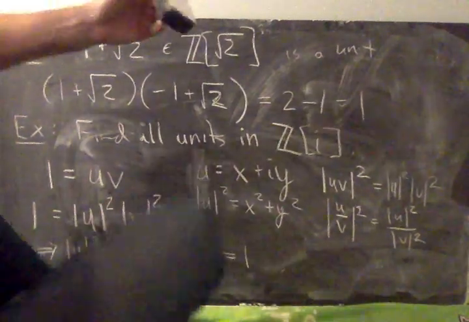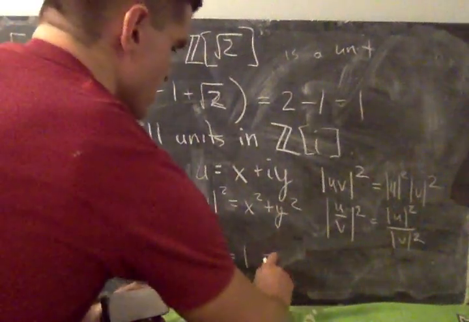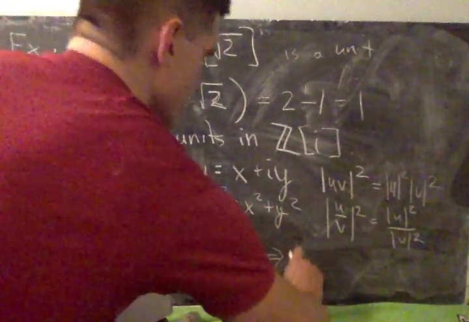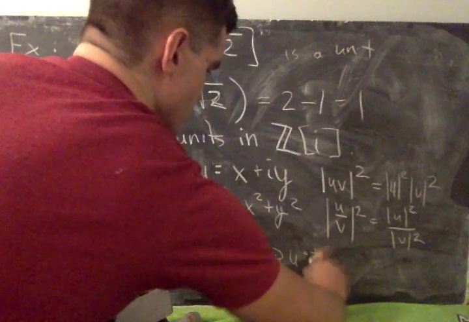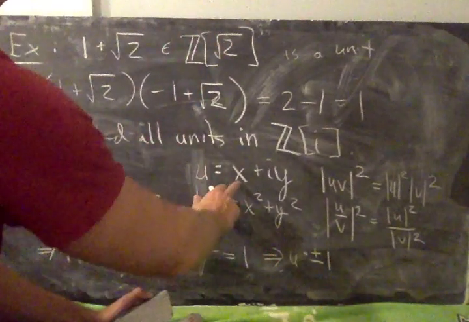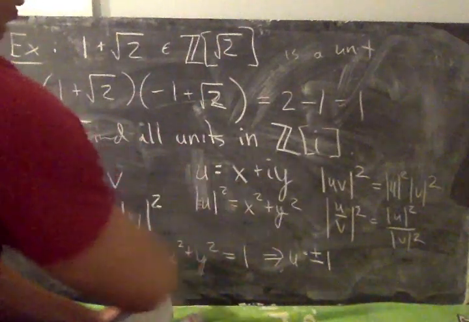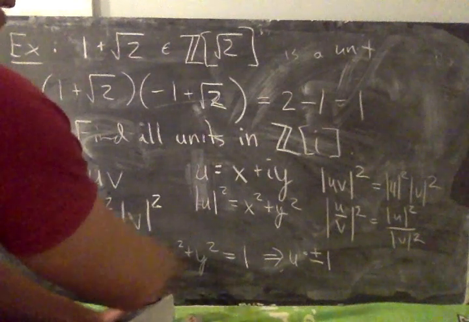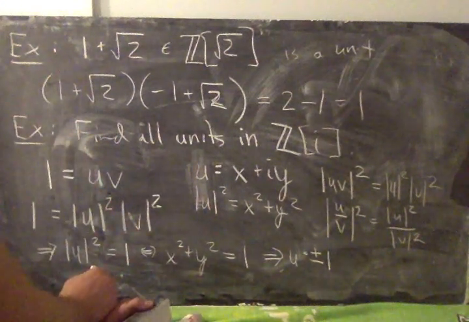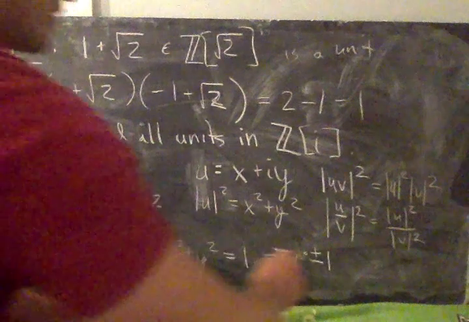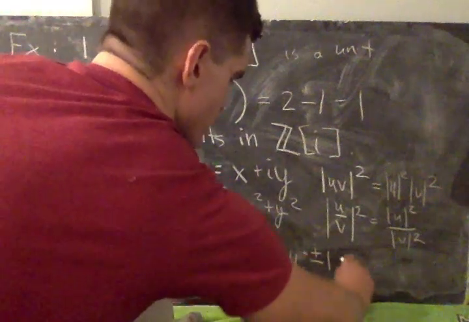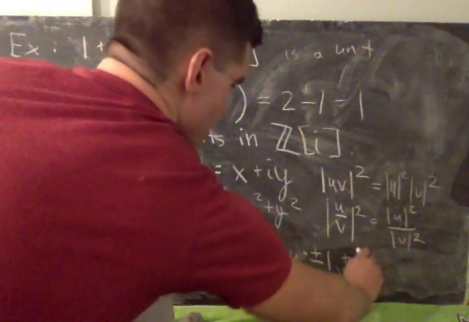So that immediately implies, because x and y are integers, that u is either plus or minus 1, if x is plus or minus 1 and y is 0, or plus or minus i if x is 0 and y squared is 1. So this is either plus or minus 1 or plus or minus i.